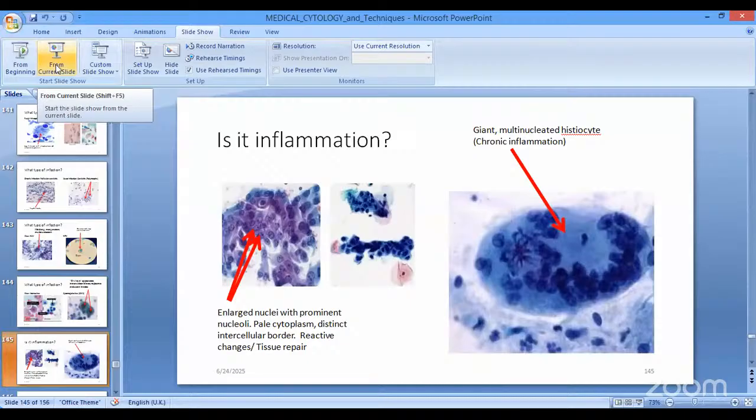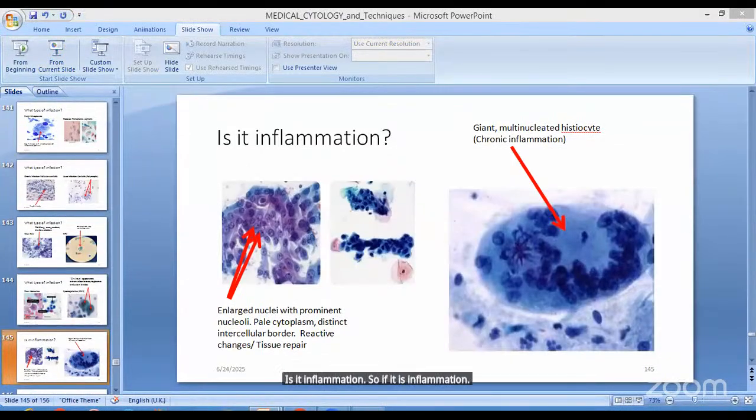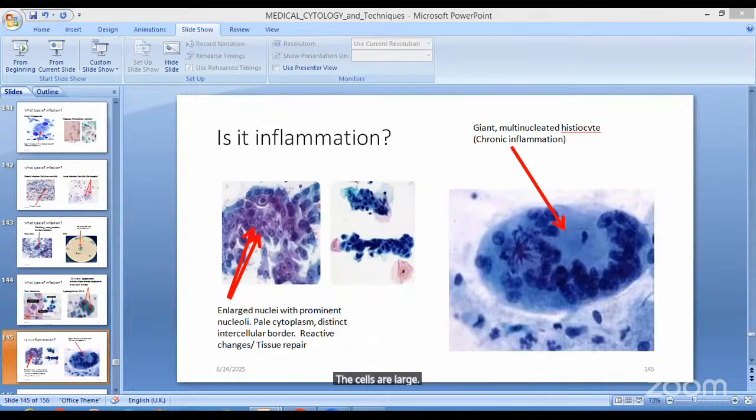Okay, so if it's not chronic or acute infection or viral infection, is it inflammation? If it is inflammation, you have a period of healing where you have reactive cells, as it is shown in this slide. The cells are large, they have prominent nucleoli, the cytoplasm is pale staining, but there are distinct intercellular borders, intercellular bridges.